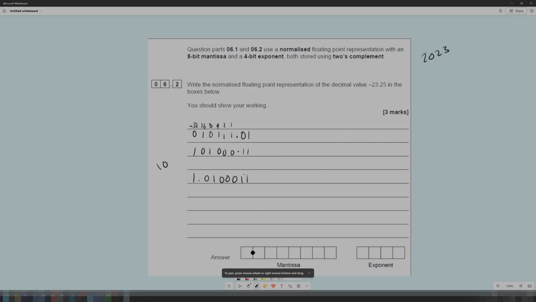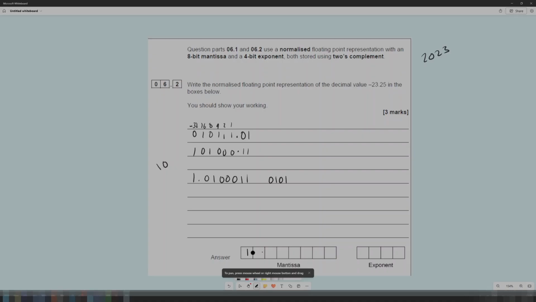What did we do to the decimal point? We've moved it 5 places to the left. So to get it back, we have to put into the exponent the instructions to move it 5 places to the right. So that's positive 5. So if we do 0, 1, 0, 1, so 1, 2, 4, negative 8, 1 and 4 is 5.